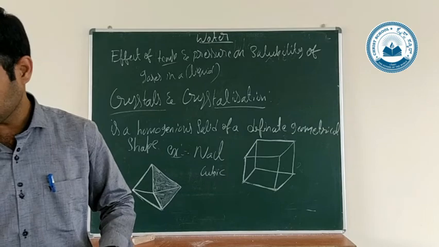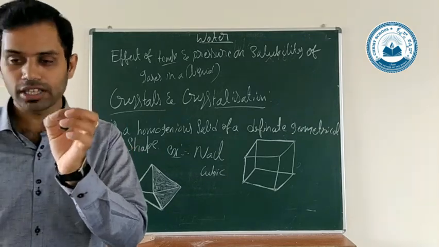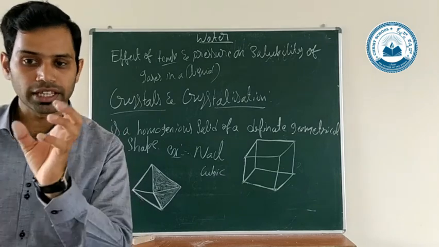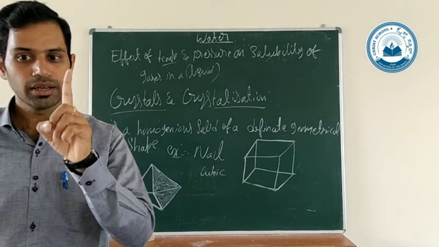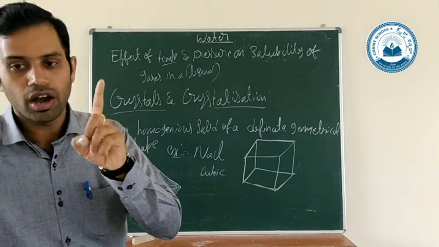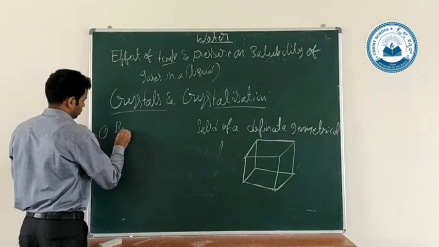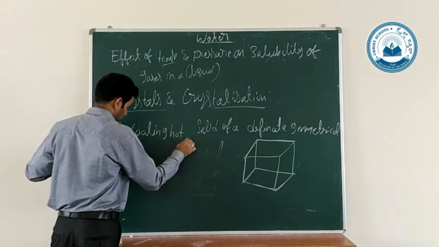So if you follow these methods, that will give the crystals. The first method, as in the definition, is cooling a hot saturated solution to get the crystals, to prepare crystals in the laboratory. The first method is by cooling the hot saturated solution.